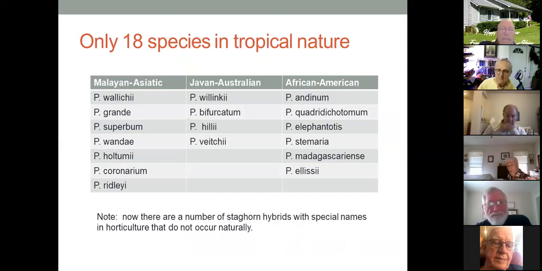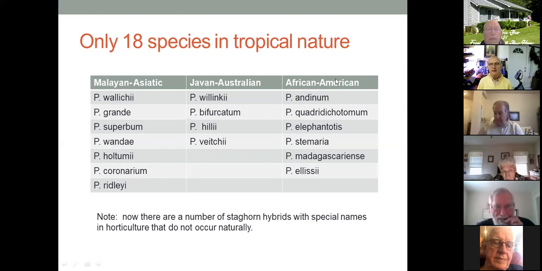So there's only 18 species of staghorns in nature, and they typically get divided by geographic region. I've got several of these in my own collection. Some of these are very difficult to grow, and a few of these Malayan Asiatic species, like Ridleyi, Platycerium wandae, for example, and Wallichii, they're single bud plants.